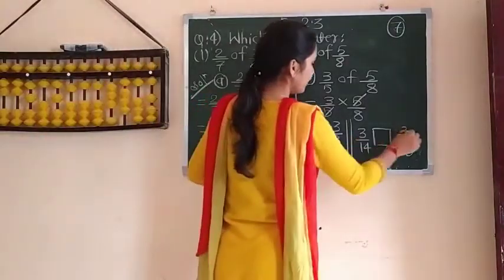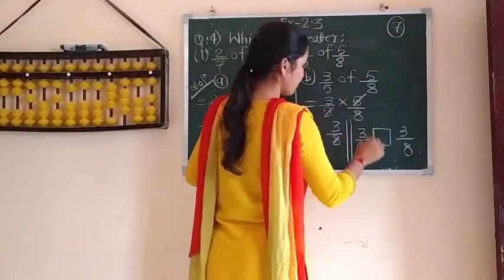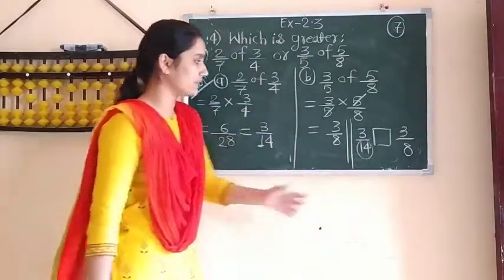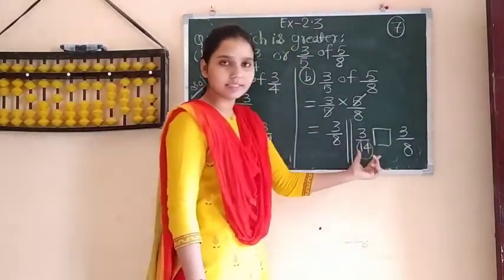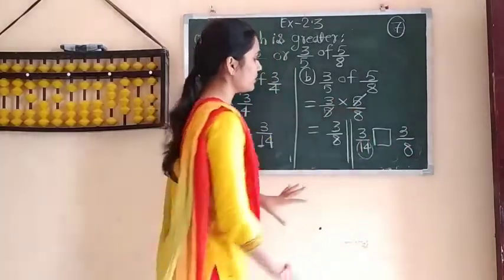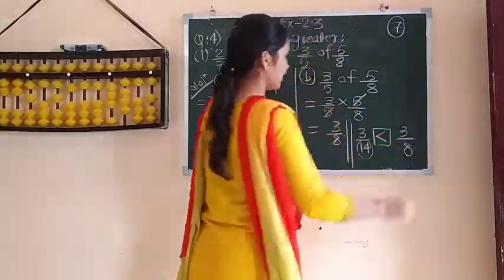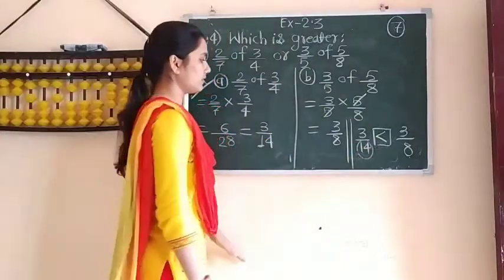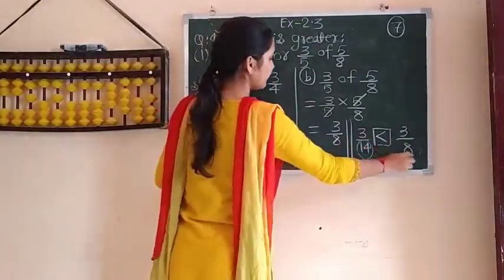See here 14 is greater than 8, so this fraction is smaller than this 3 by 8. So in this way we have compared this. So 3 by 14 is less than 3 by 8.